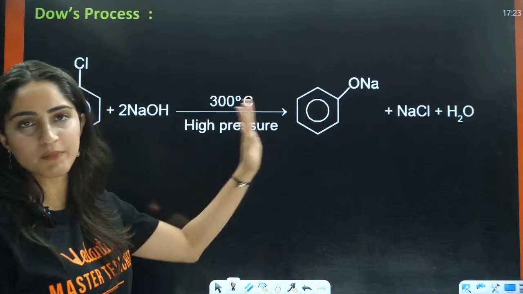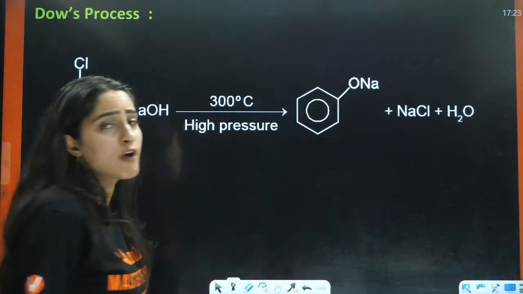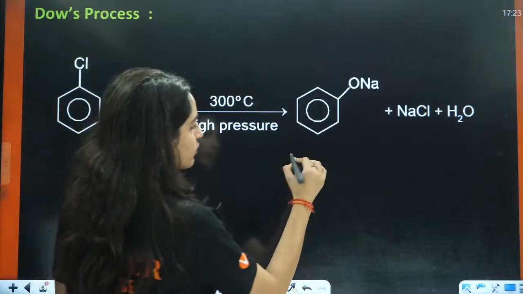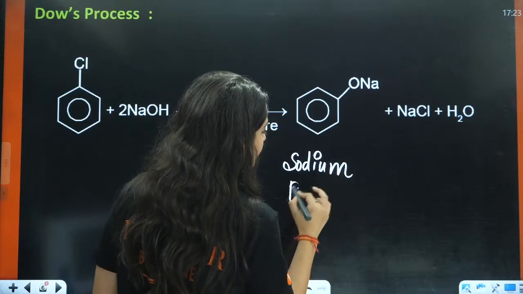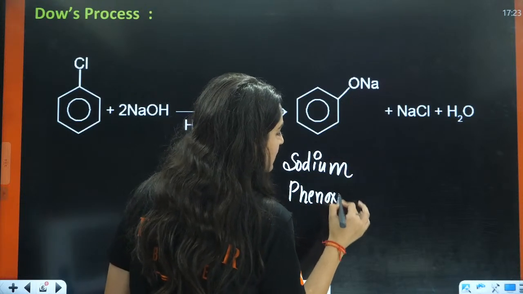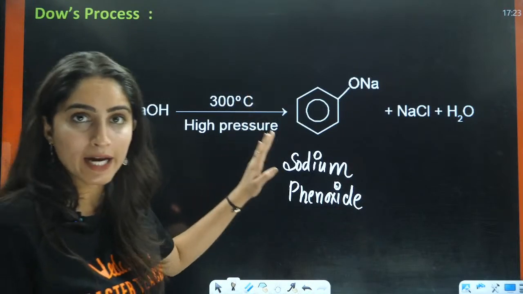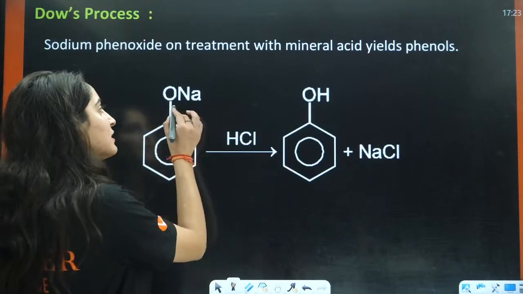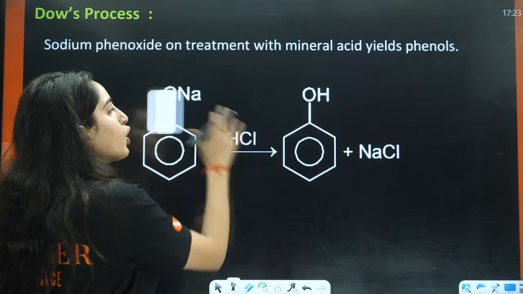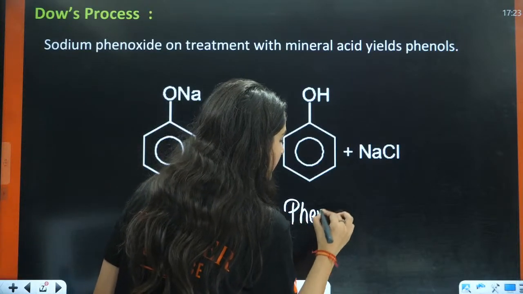This is the first step they have told you: you will have the formation of sodium phenoxide when you add NaOH at high pressure and high temperature. Then after adding HCl, this Na will be replaced by H, and hence you will have the formation of phenol.